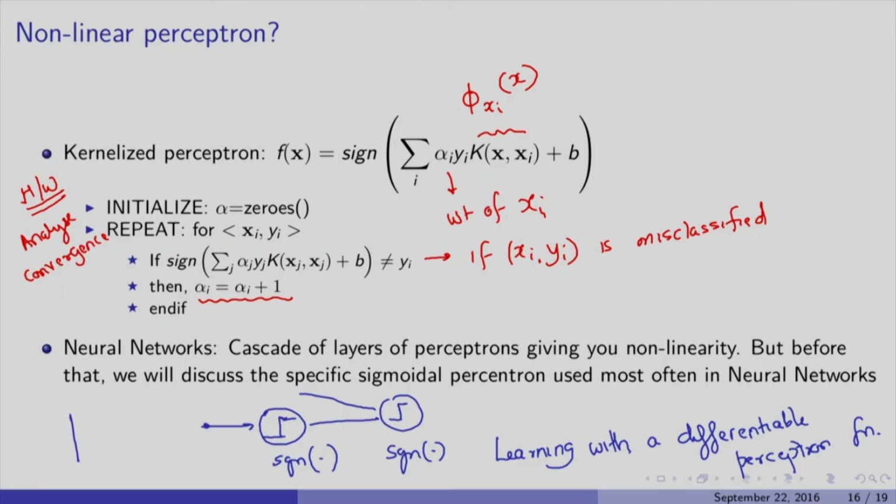Is there a way that we can approximate the sign function, which is plus 1 abruptly and minus 1 abruptly? Can we approximate this using a smooth variant? In fact, that is the basis of the sigmoid perceptron or logistic regression.